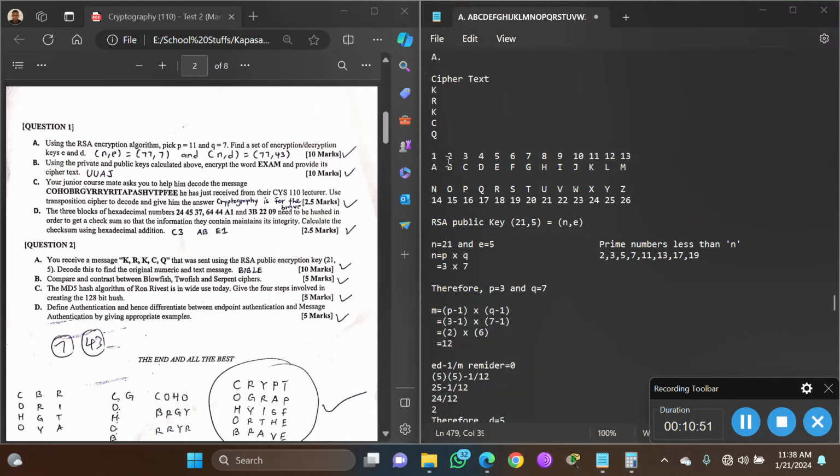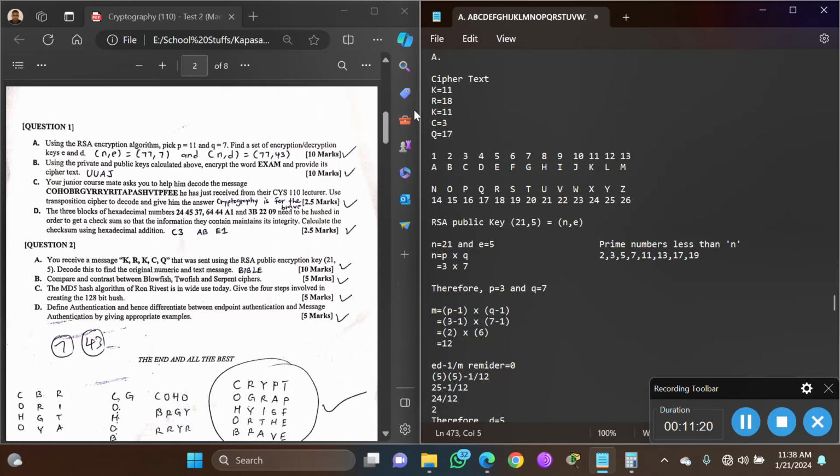From this alphabet, K is 11, then we have R, which is 18, then we have K again, which is 11, and lastly is Q, which is 17.